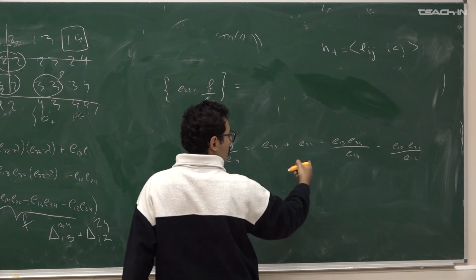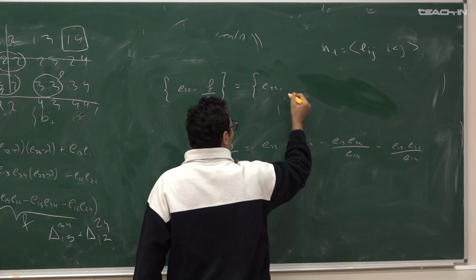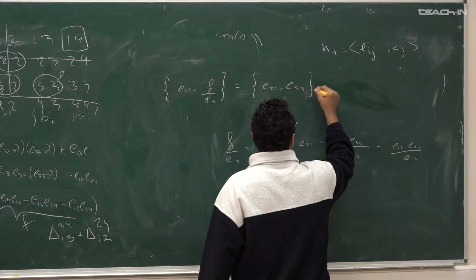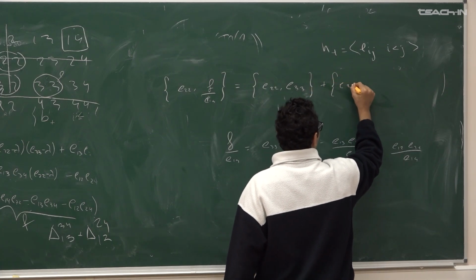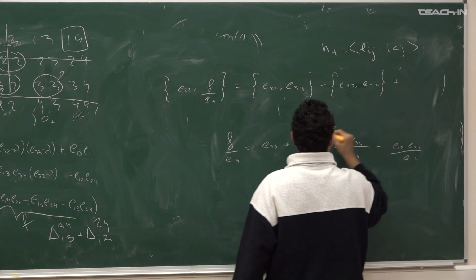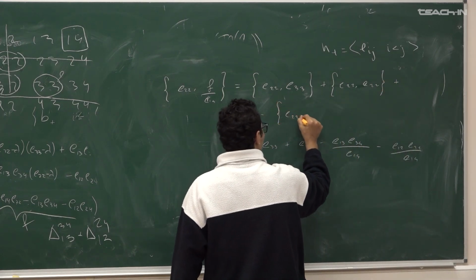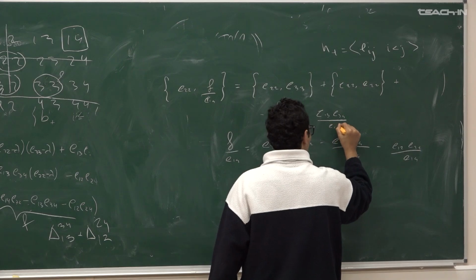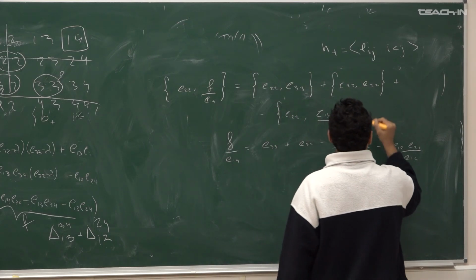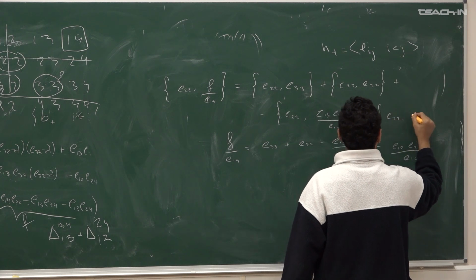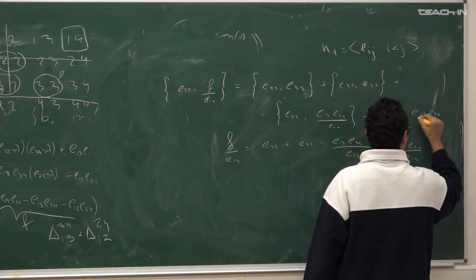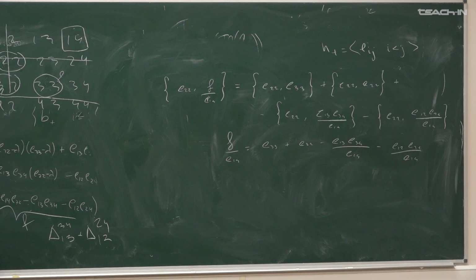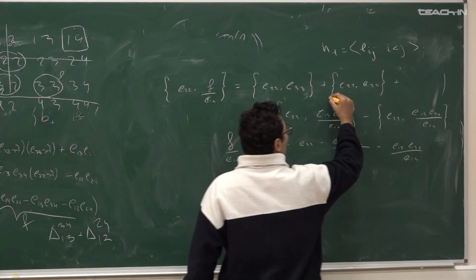So using linearity for possibilities here. The first one here cancels.